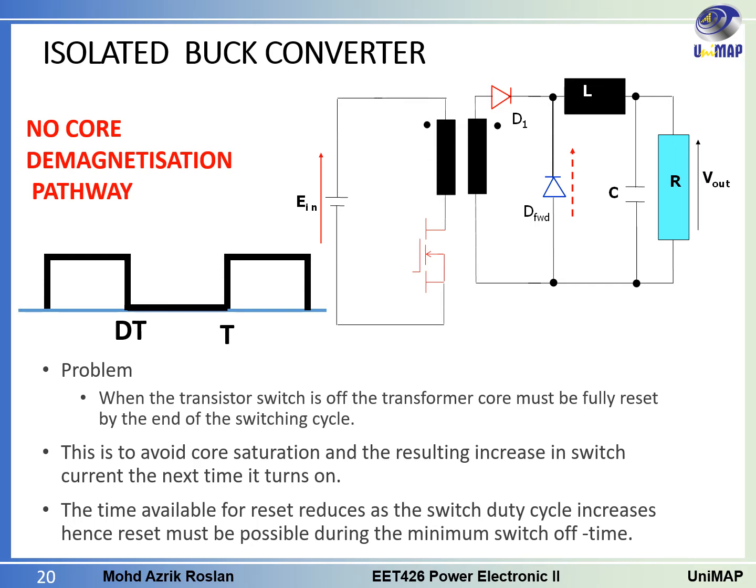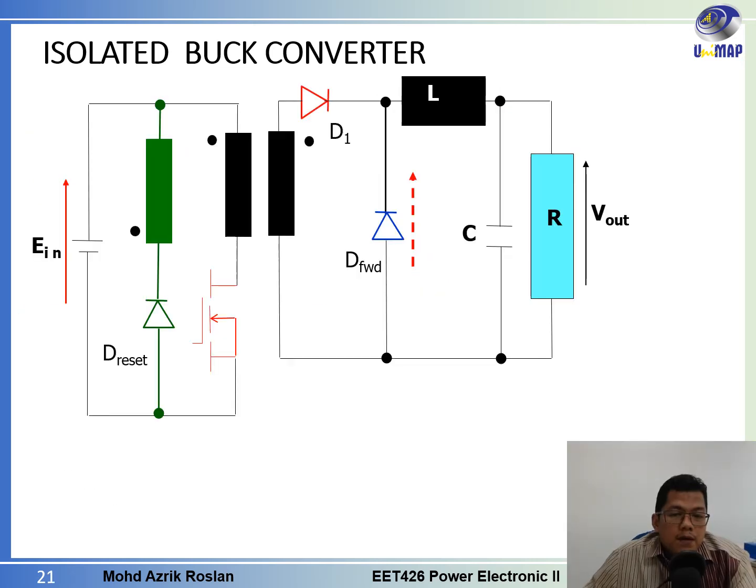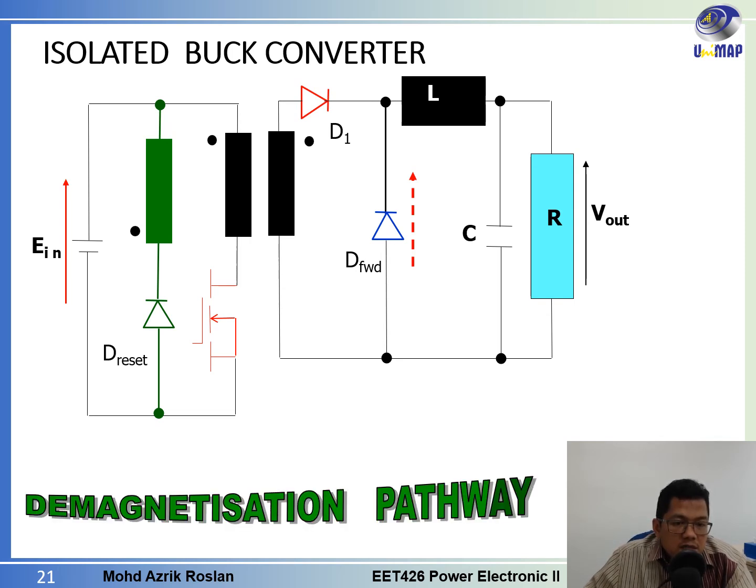During the time it is on it will be charged, and we must make sure that during the switch turn off time, all the charge in the transformer can be discharged before it turns on again in the next cycle. In order to make all the charges inside the transformer discharge during the switch off time, we must create this, the green one. This is called the demagnetization pathway.